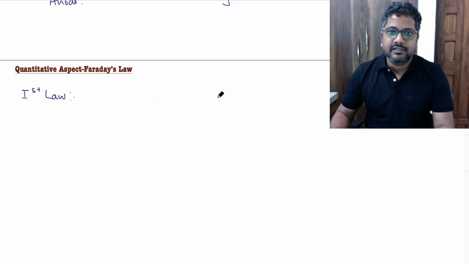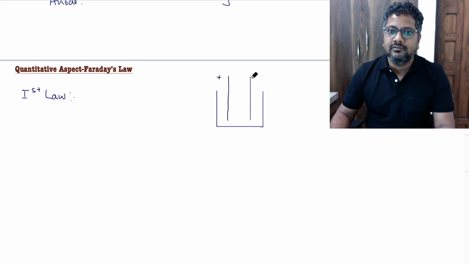See, suppose you have an electrolytic cell like this, and you have anode and cathode, like this arrangement. So what Faraday observed is that suppose we have taken A plus and B minus electrolyte.